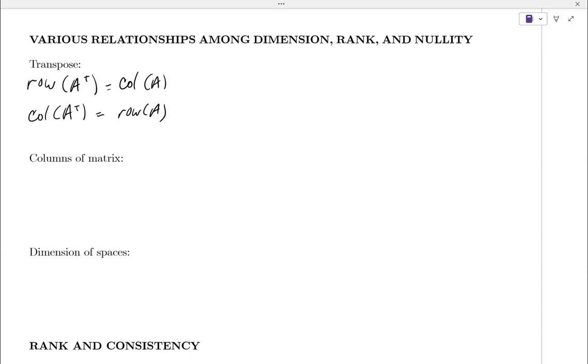These are equal to the rank of A, and these are equal to the rank of A transpose. What can I say about the rank of A and the rank of A transpose then? They're equal to each other, right? So this all tells us that the rank of A transpose is the same as the rank of A.